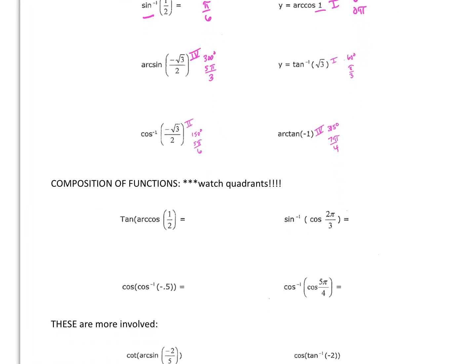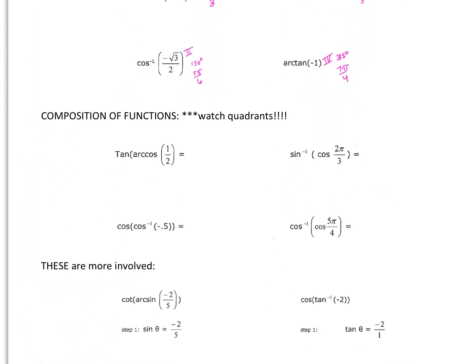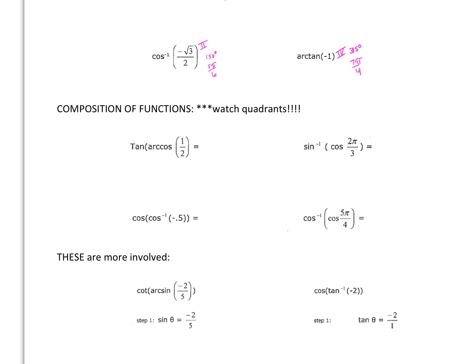Okay. All right, so we are going to look at what's referred to as composition of these functions now. I want you to notice that the order is a little bit different. The process that we're going to use on some of these, we always start from the middle or from the inside out.